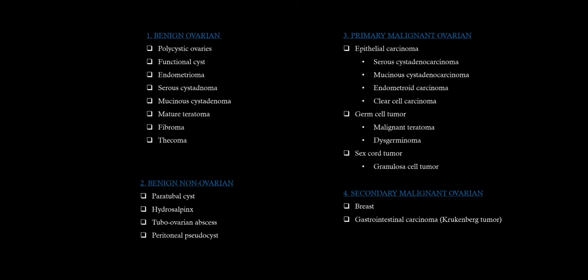The benign non-ovarian lesions are paratubal cysts, hydrosalpinx, tubo-ovarian abscess, and peritoneal pseudocyst. The primary malignant ovarian tumors are epithelial carcinomas like serous, mucinous, endometrioid, and clear cell carcinoma, germ cell tumors like malignant teratoma and dysgerminoma, and sex cord tumors like granulosa cell tumor. There could also be secondary malignant ovarian lesions from primaries like breast and gastrointestinal carcinomas, where the secondaries are known as the Krukenberg tumor.